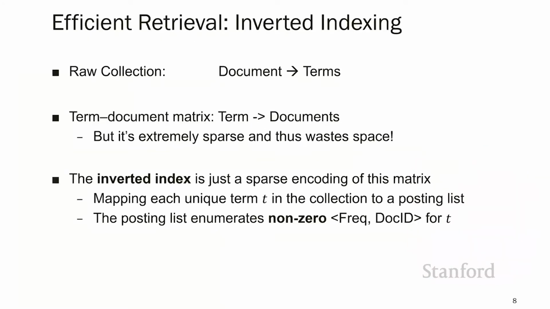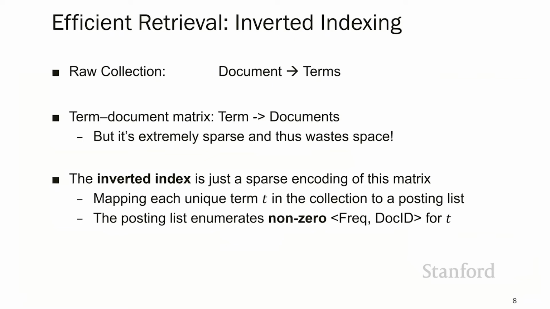Now that we've decided the behavior of these weighting functions, or at least a couple of them, how would we actually implement this as an actual system that we could use for search? So let's think about this. Whereas the raw collection, the actual text, supports fast access from documents to terms, so basically tokenization gives us the terms of each document, the term-document matrix that we've studied so far allows fast access from a term to the documents.